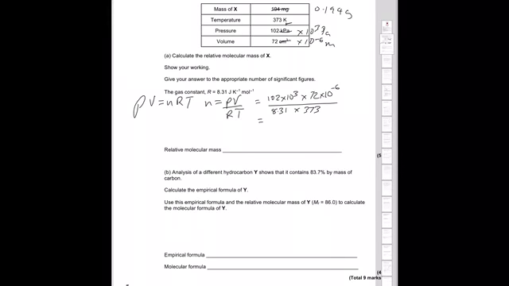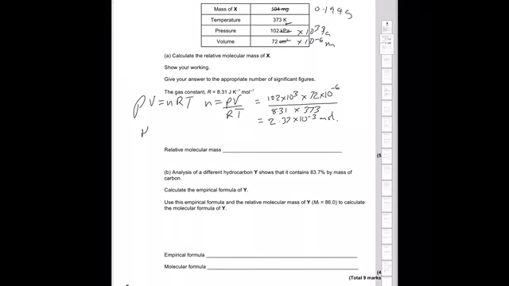So bash that into the calculator. Just working it out. So 2.37 times 10 to the minus 3 moles.